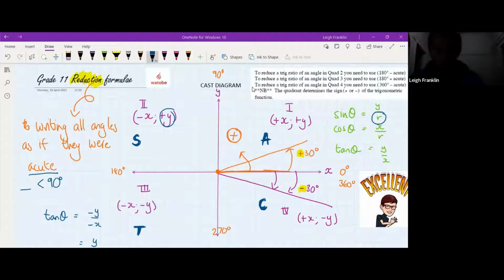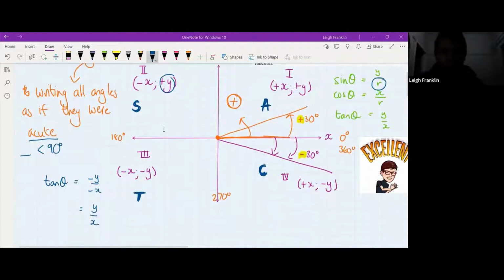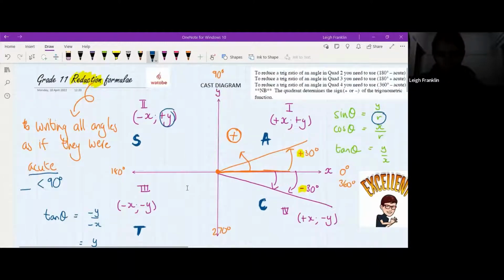All right, so before we carry on, let's talk about the different reduction formulae for the different quadrants. Imagine my terminal arm is anchored at the origin. If it goes 180 degrees in this direction, I write that as plus 180.